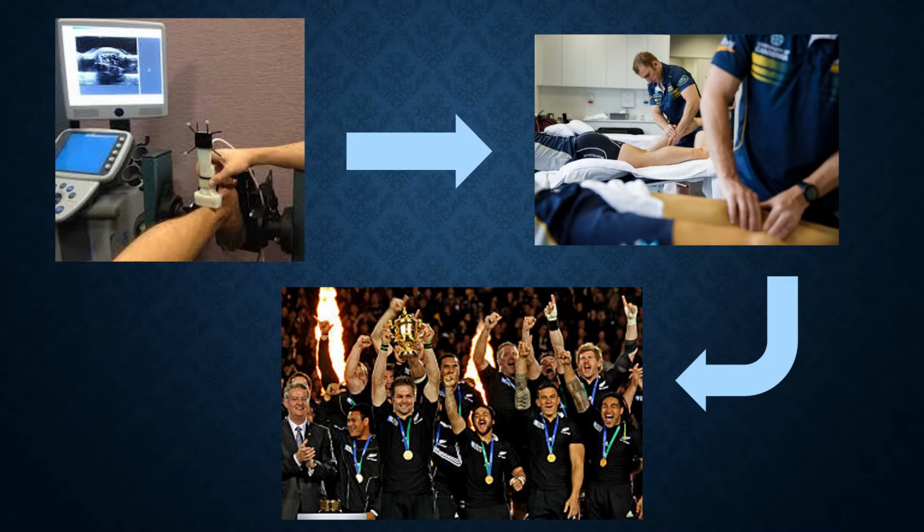Let's use Richie McCaw as a hypothetical scenario. He's the MVP flanker for the New Zealand rugby team during the Rugby World Cup a few years ago. He was one of the driving forces for the team's overall success throughout the World Cup. So you perform an ultrasound on his Achilles tendon preseason and find some things that look fishy for his tendon and potential tendinopathy.